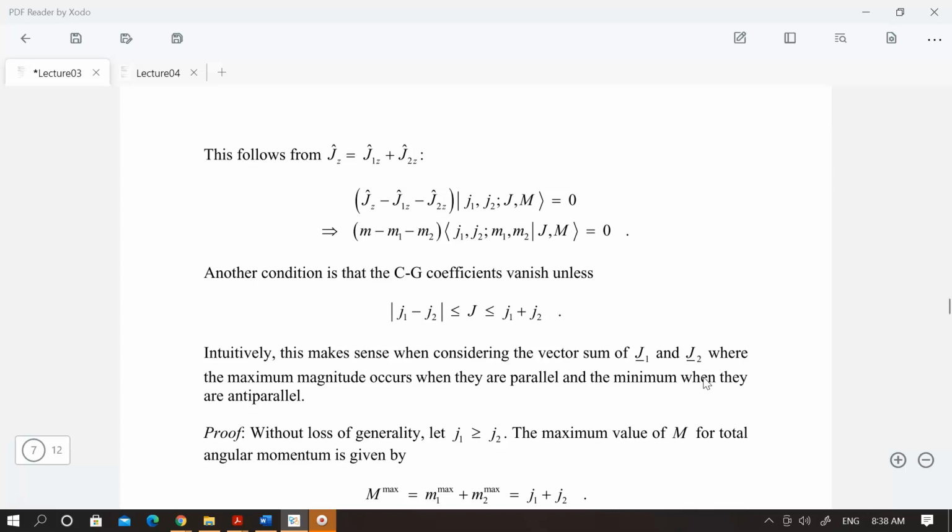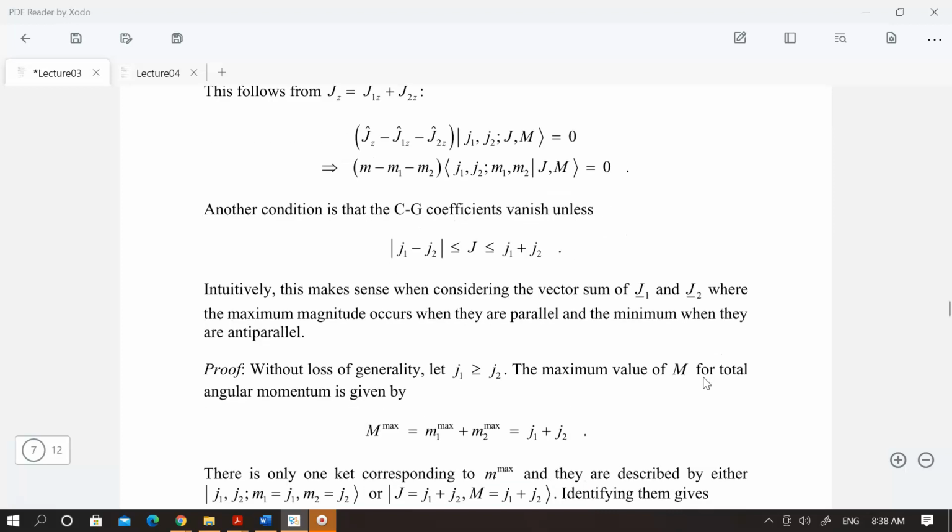The other non-trivial property is the following. Your total angular momentum magnitude will have a range. You will have a range between j1 plus j2, which is the maximum value you can have, but you can also have the value j1 minus j2, the magnitude.